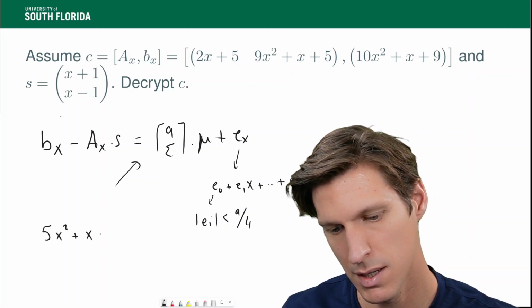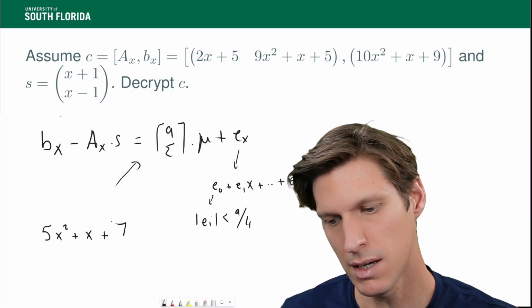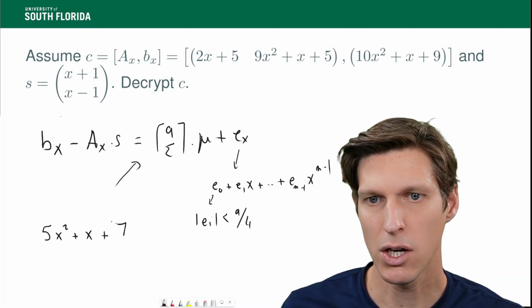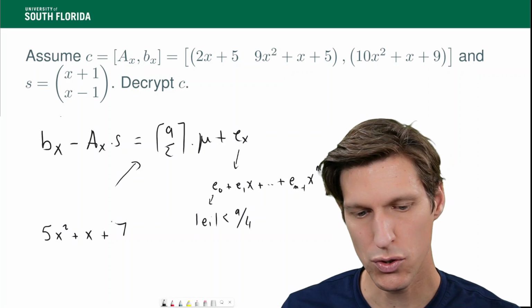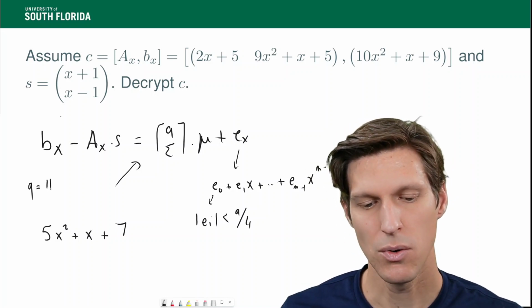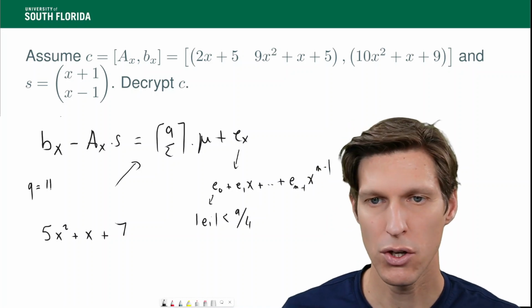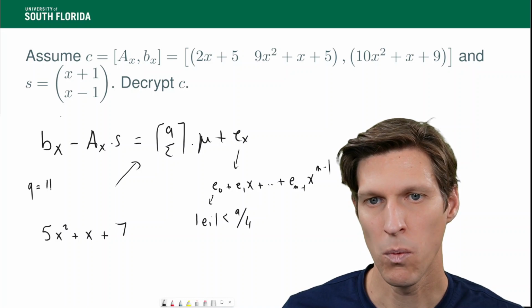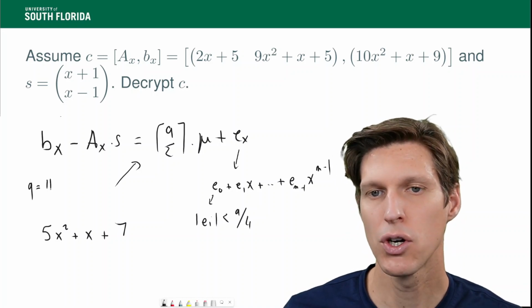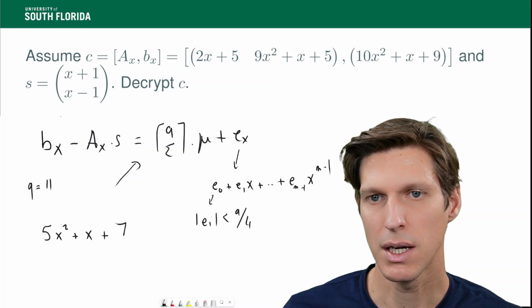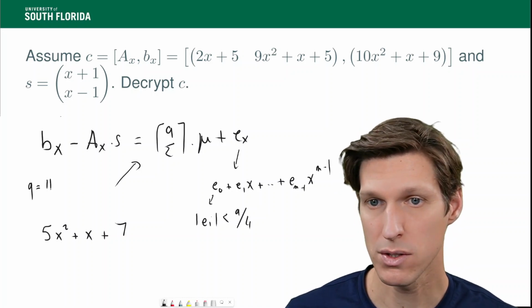And now we're trying to do the rounding of all that, knowing that a coefficient close to q over 2, so remember q here is 11, is going to be considered a 1, and a coefficient close to 0 is going to be considered a 0, within a factor of 2.